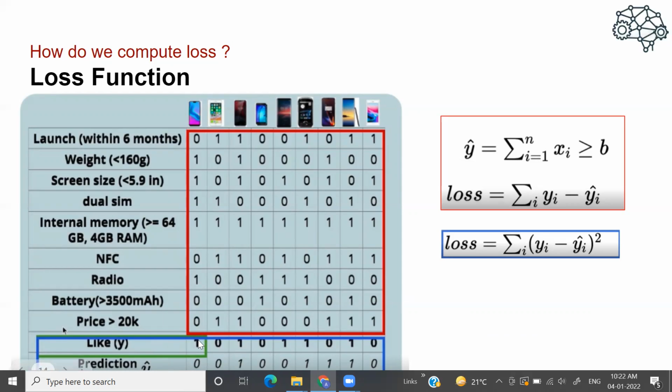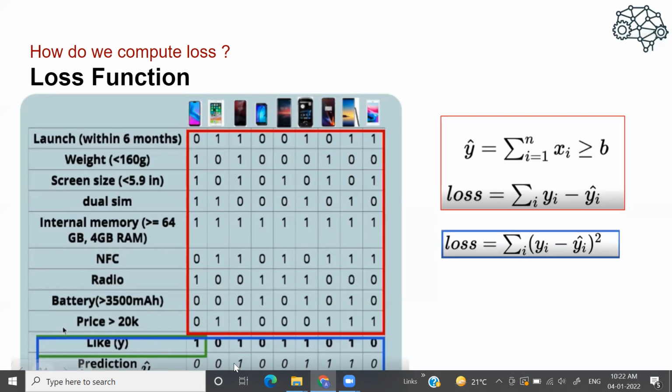So this was a phone which you liked, but the model said that no, you will not like this phone. So it said that it will be 0. This is a phone which you did not like, and the model said that yeah, you will not like this phone. This is a phone which you liked, and the model also said that you will like this phone. So this is a row of your likes, and this is the row of model predictions, right?